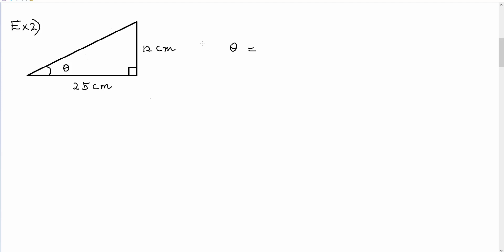You all wrote tangent theta equals opposite over adjacent. And since theta is an acute angle, you're just going to enter in your calculator the inverse tangent function of 12 over 25. That inverse function gives you the angle corresponding to 12 over 25.